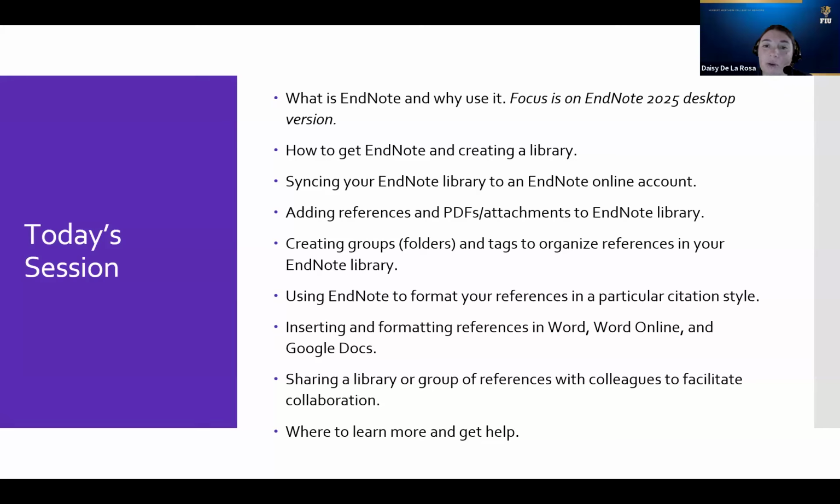We'll talk about how to get EndNote and creating a library, which is where you would store your references, syncing that library to your EndNote online account, and then adding references to that library, organizing those references into folders or using tags, using EndNote to format your references in a particular citation style, and then inserting and formatting references in Word, Word Online, and Google Docs. And then we'll briefly talk about sharing a library or a group of references with a colleague to facilitate collaboration, and of course, point you to resources to get help or to learn more.